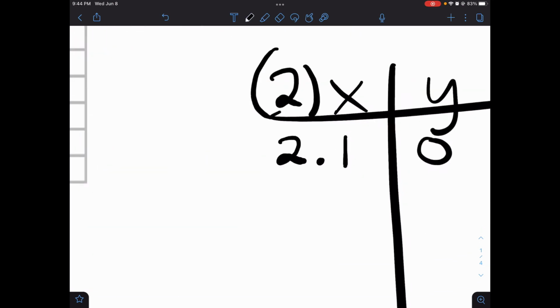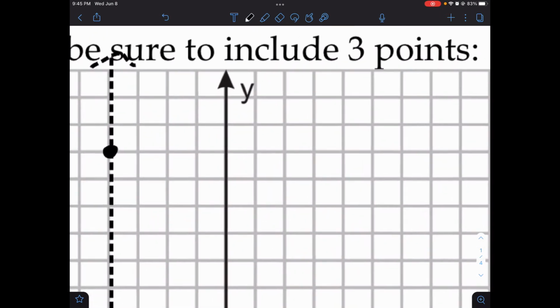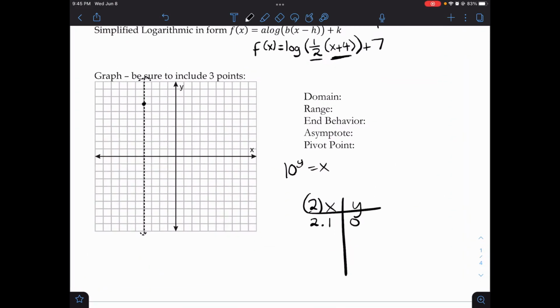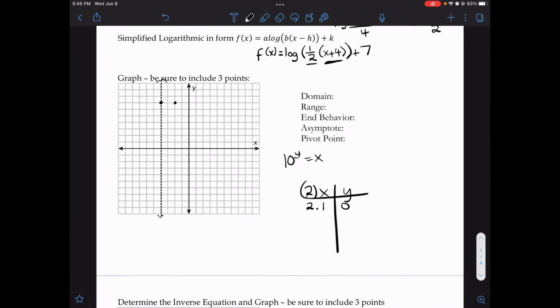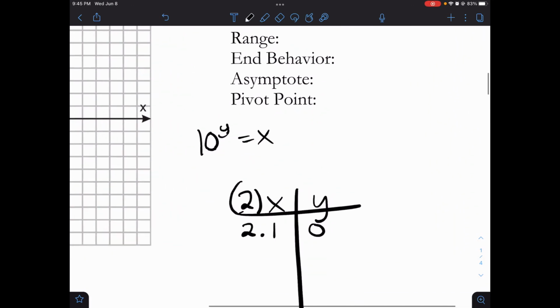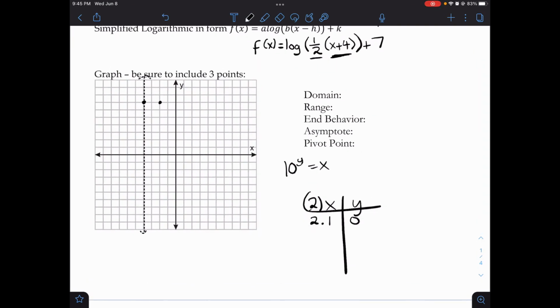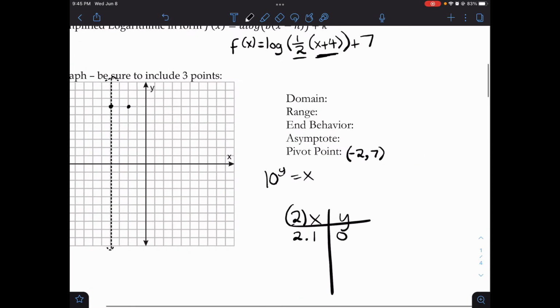Now from the point from where we graph, we go to the right 2, and there we go. That's our first point. Now we have our pivot point, which is going to lie at -2 and 7. That's our pivot point right there.